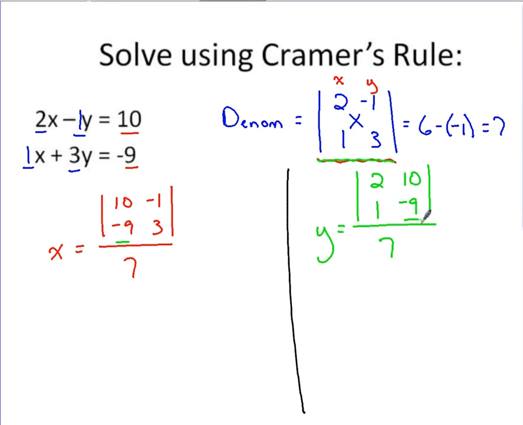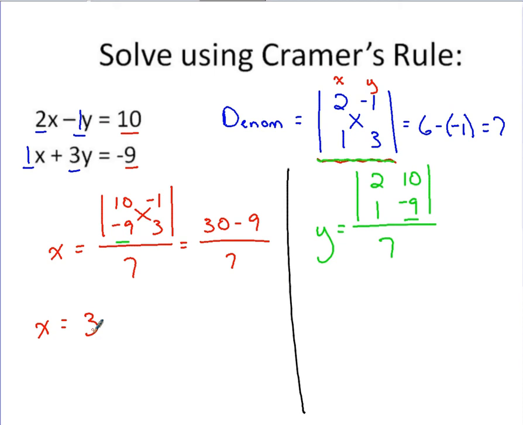So now if we do our calculations, over here for x, well, let's see. If I multiply across, I get 30 here, minus multiply across, I get 9 here. That's all over 7. So x is going to equal 21 over 7. x is going to equal 3.